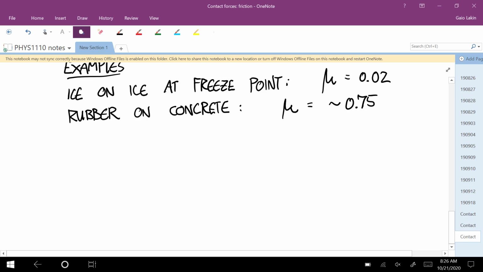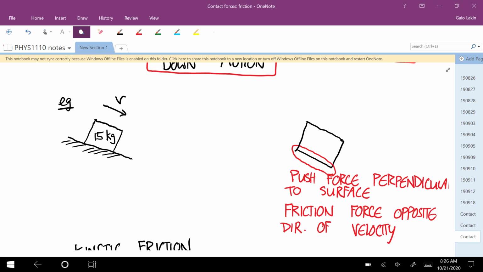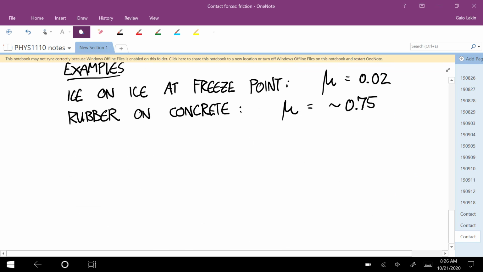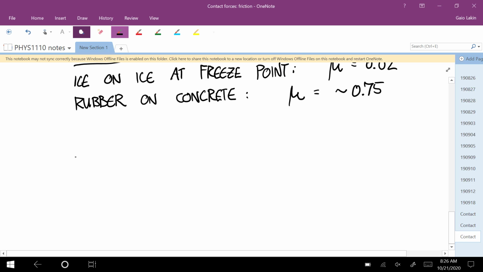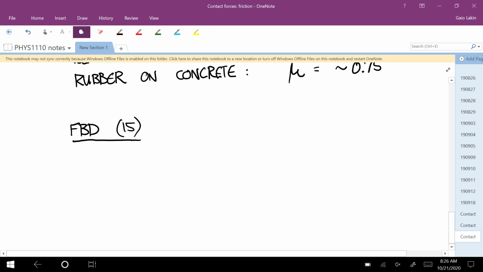Okay, so now we have all the rules. We're ready to draw a free body diagram. So I'm going to draw a free body diagram of this case that I've done up here. So free body diagram of this 15 kilogram box.